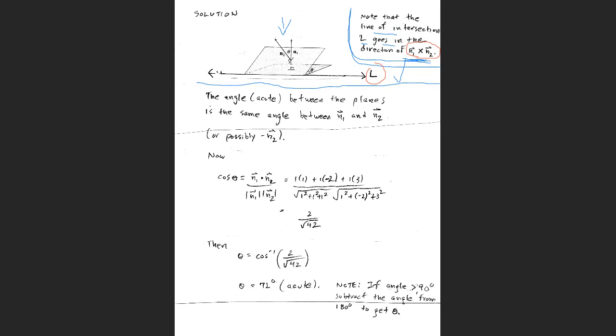The angle theta between the normal vectors n1 and n2, I want to say this the right way.